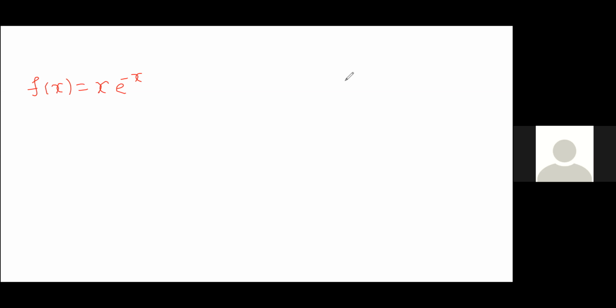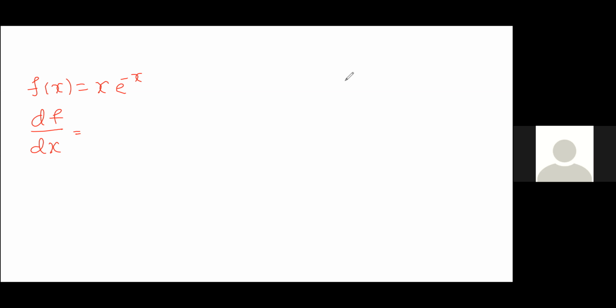This one, df by dx. Sir, it's given x into e power x, no, sir? Like plus x? One minute, I'll check. No, x e raised to minus x it is. Okay, sir. I copied it wrong.